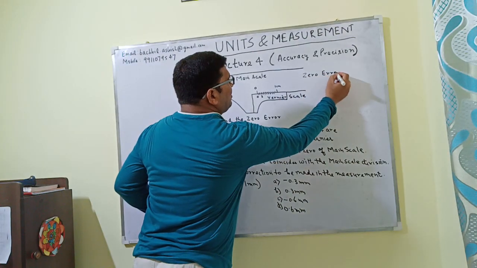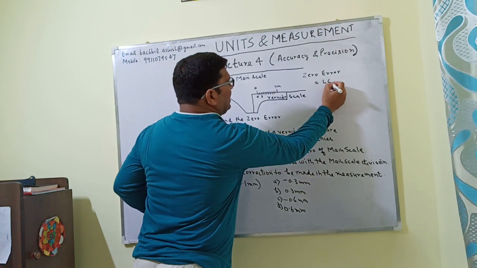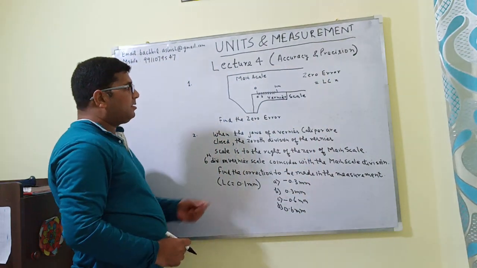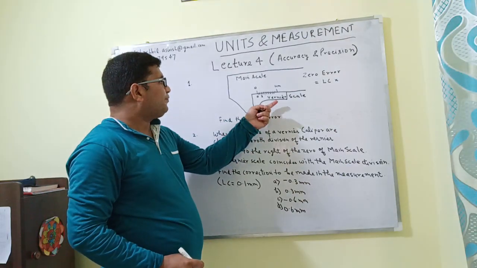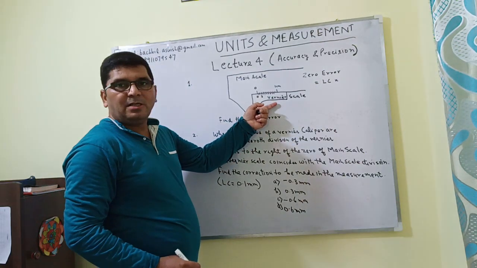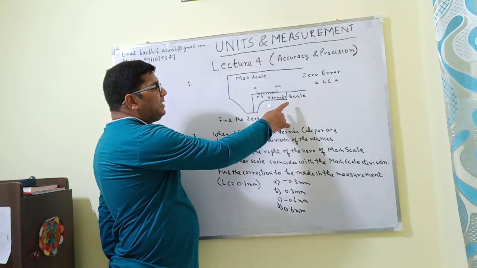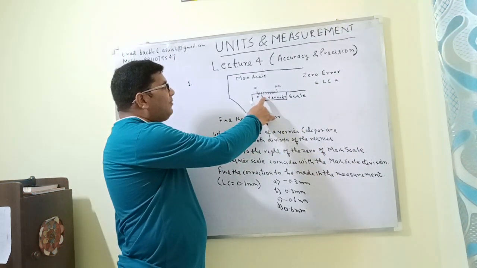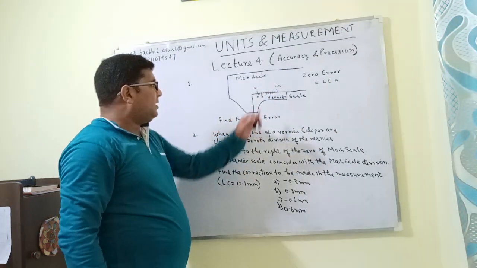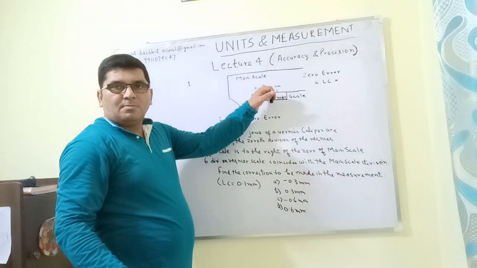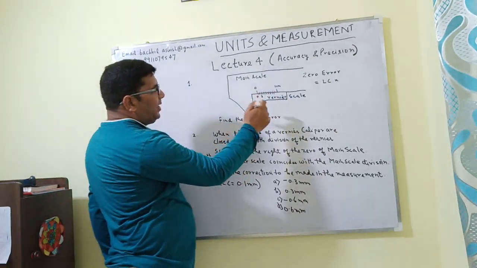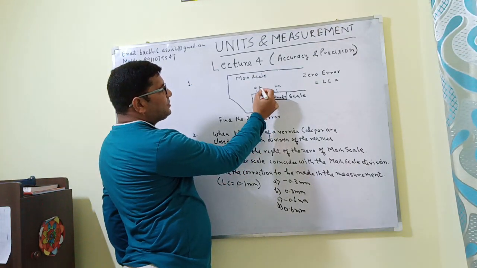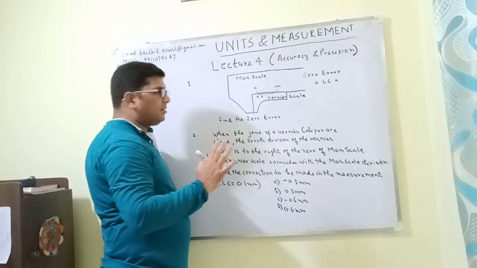The formula for zero error is equal to the least count of the measuring instrument into the coinciding Vernier scale reading. Coinciding Vernier scale reading means that division of the Vernier scale which is coinciding with the main scale division. So here you will find that the third division of the Vernier scale is coinciding with the main scale division.